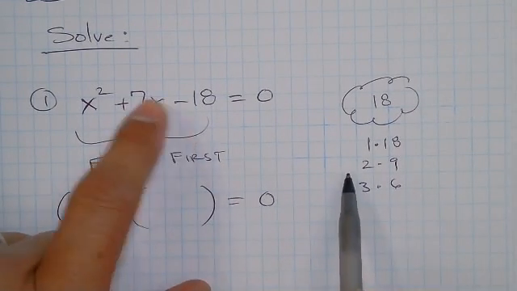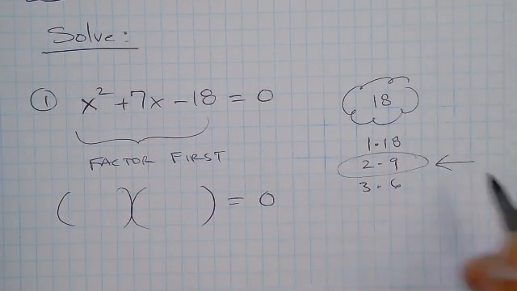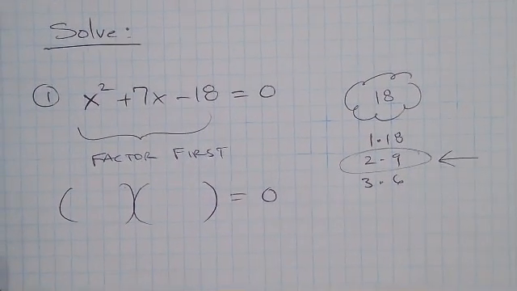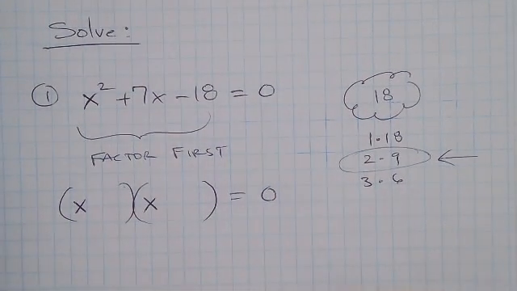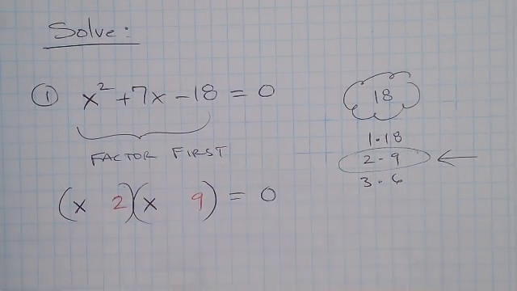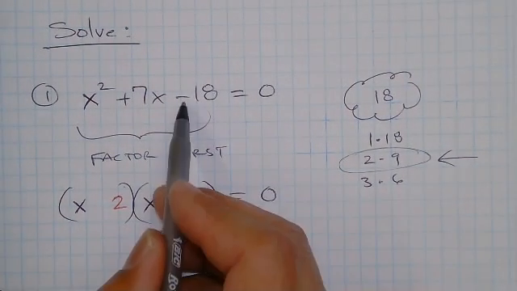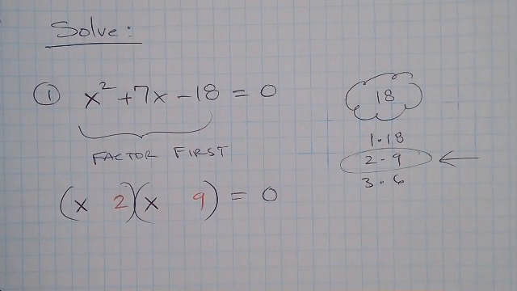Well, it has a takeaway, so I have to subtract to get a 7. Which of these can subtract to get a 7? Winner, winner, chicken dinner, right there. Okay, so it's going to be x. Yeah? The 2 and the 9? Yeah. And when it's subtract, there has to be one positive and one negative.